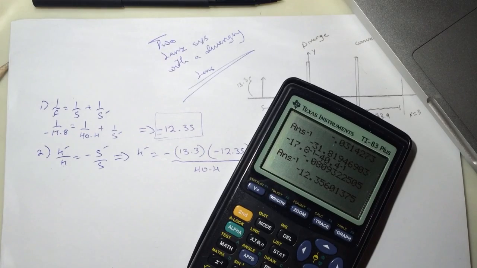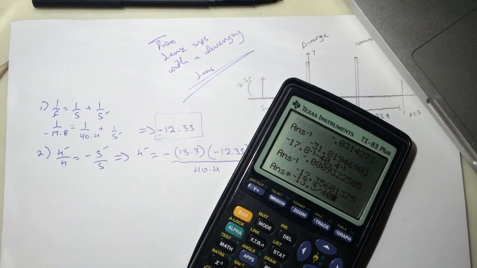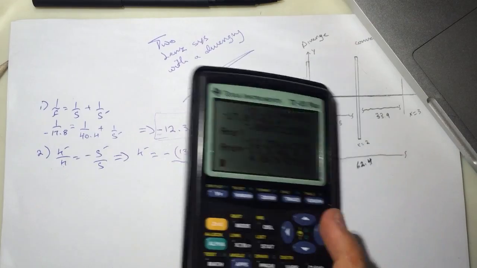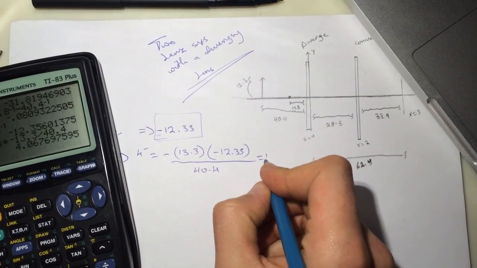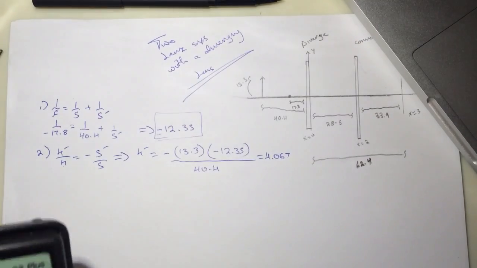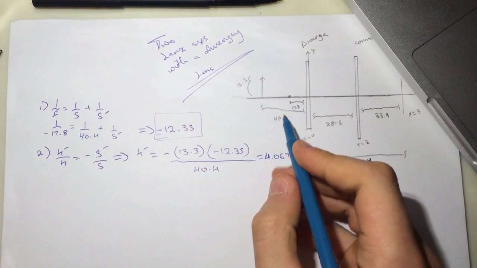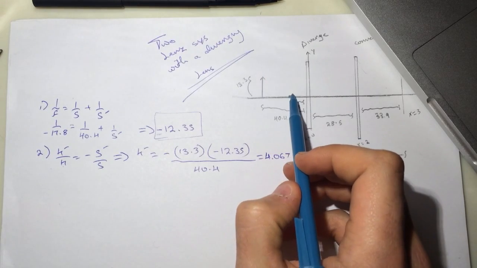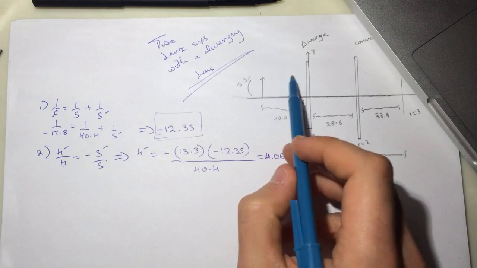So times negative 3.3 divided by 40.4, and you'll get 4.067. Okay, and you see it's positive because the diverging lens will form an image that's going to be around here, right?